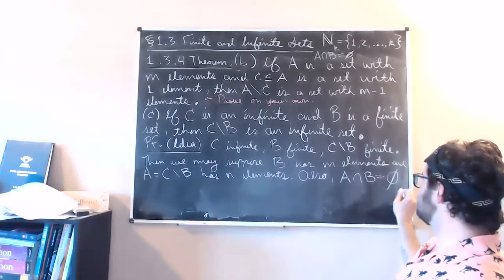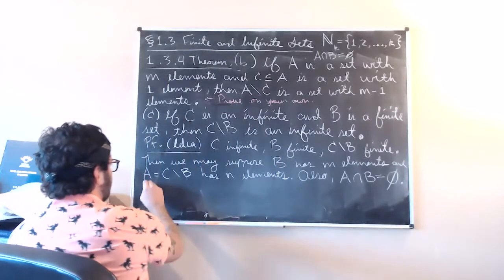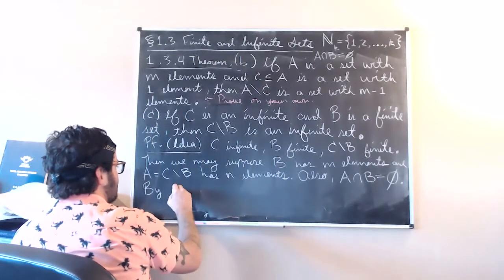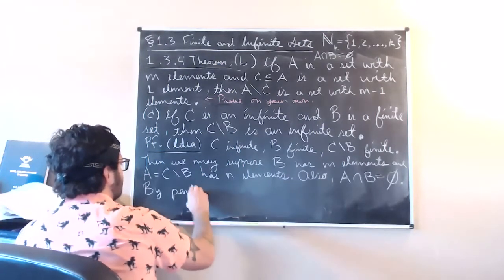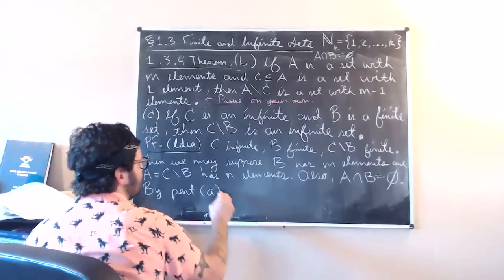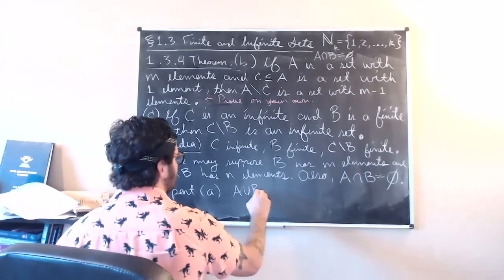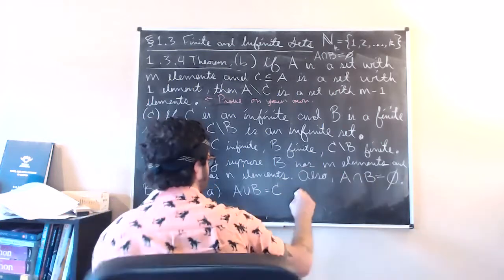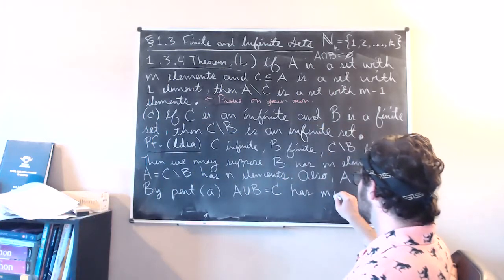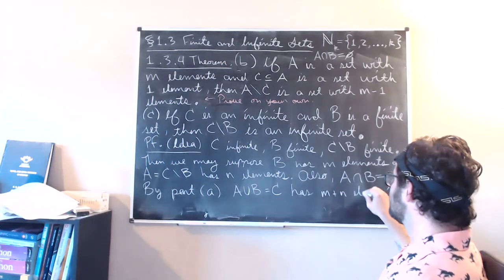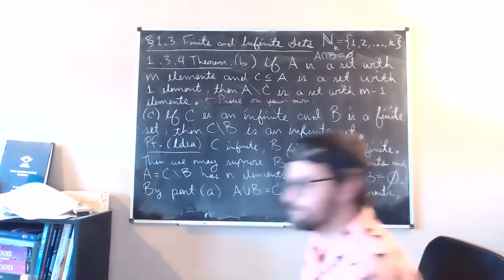Because it's C, not B. By part A, A union B, which is equal to C, has m plus n elements, a contradiction.